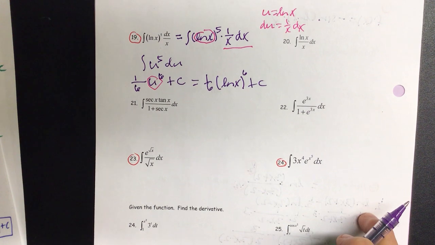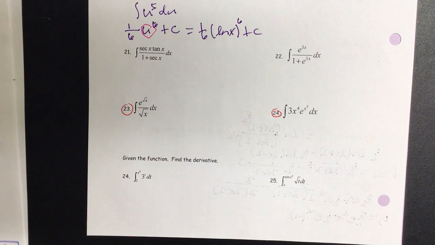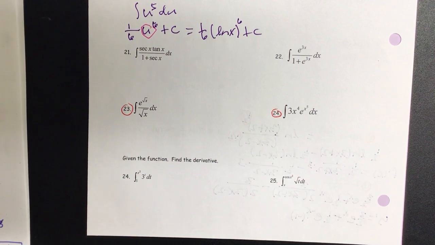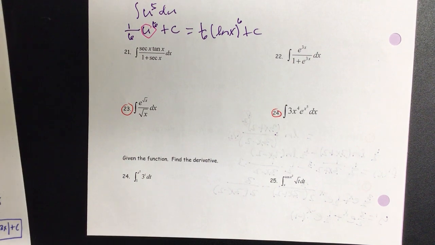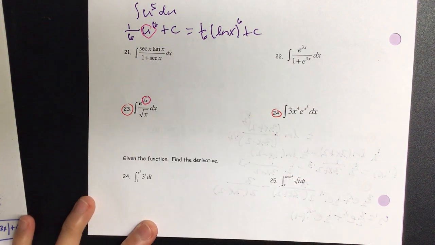Okay, are we ready for number 23 and the first 24? Okay, on number 23, we're looking at integrating with the e. Now, typically with the e, what was our u equal to? U was almost always equal to what? The power. Okay?